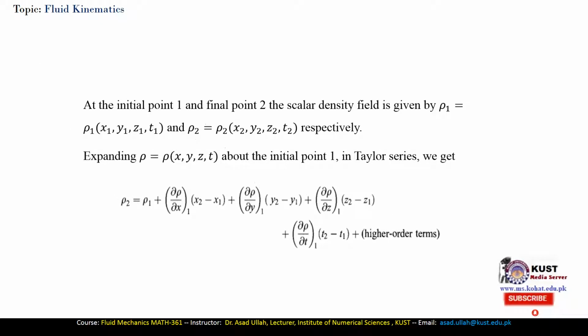Now, expanding the density ρ about the initial point 1 in Taylor series, we get ρ2 is equal to ρ1 plus the partial derivative of the density with respect to x at the point 1 times x2 minus x1, plus the partial derivative of the density at the point 1 with respect to y times y2 minus y1, and similarly with respect to z and with respect to t, because ρ is a function of x, y, z and t, plus the remaining higher order terms.